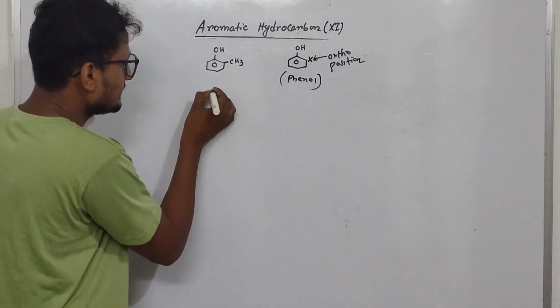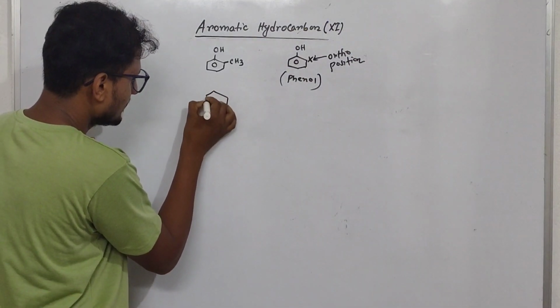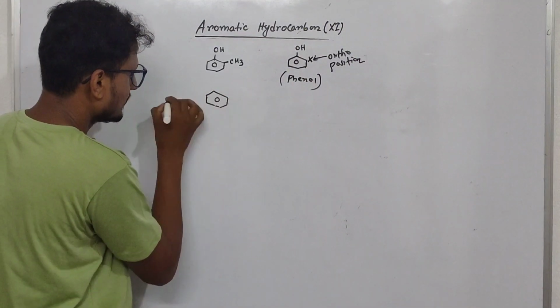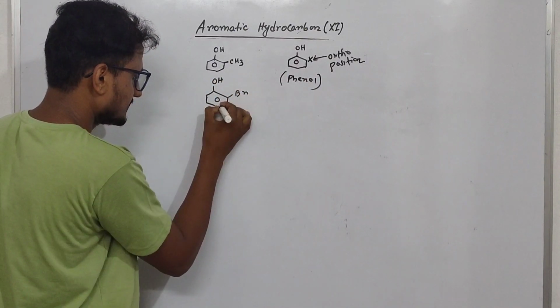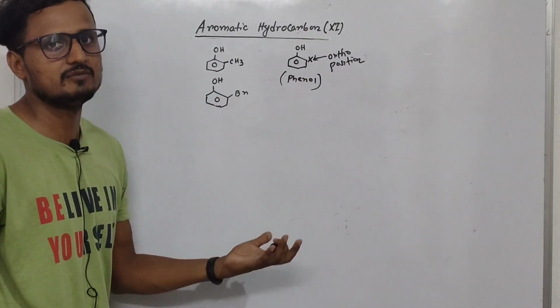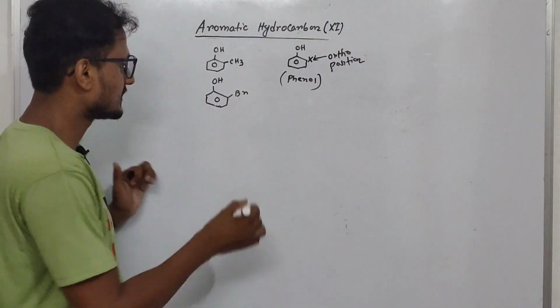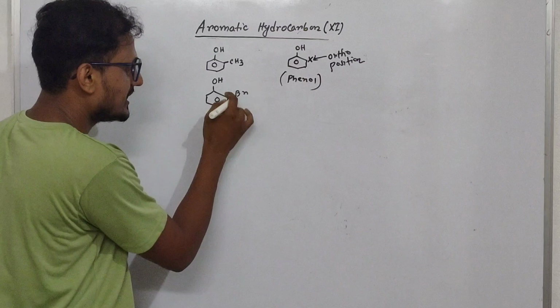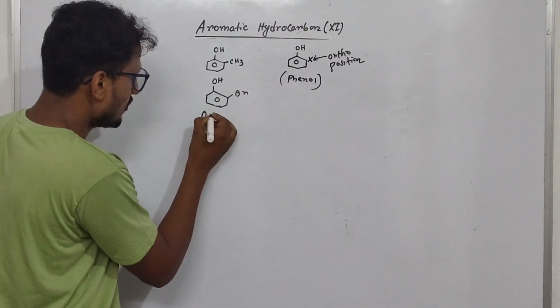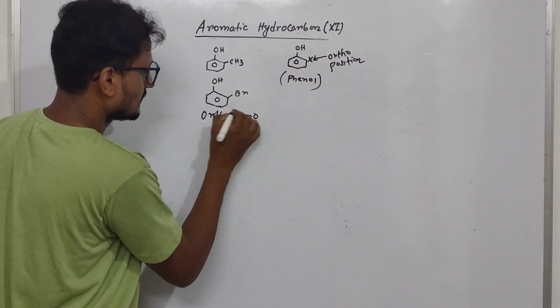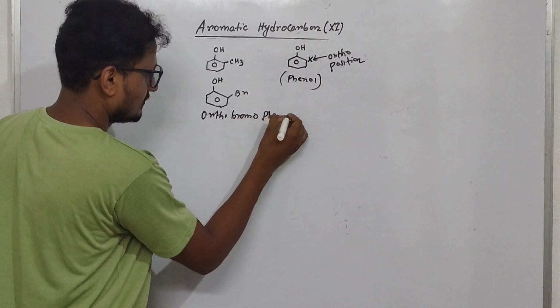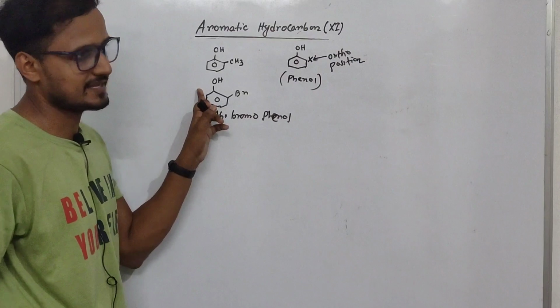Okay. Then again, if bromine is substituted in the ortho position, then how will we give the name? This is the ortho position and here bromine is substituted, so we say ortho bromo phenol, because phenol is the base.